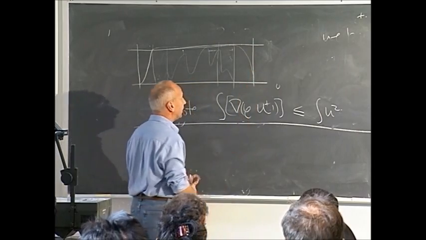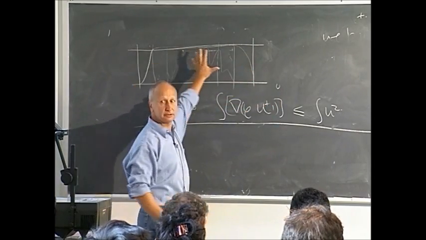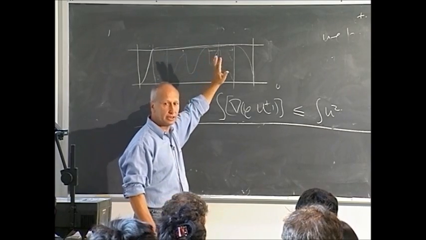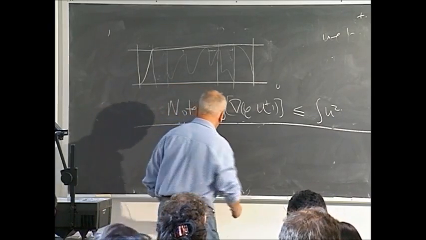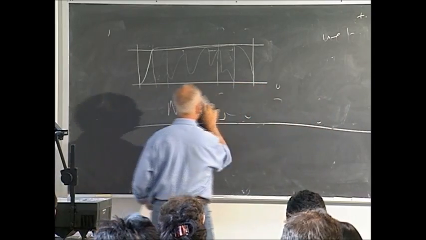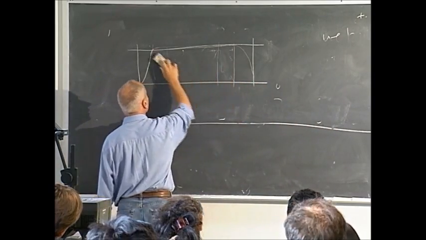So the integral of gradient u squared here is bounded just by the fact that u is between 0 and 1. And I'll use that later with different truncations. So keeping this in mind, the idea is the following now.